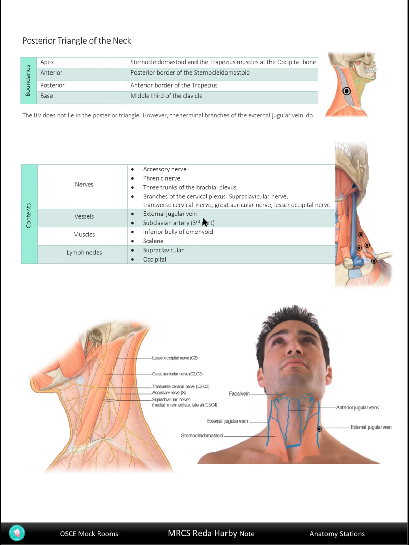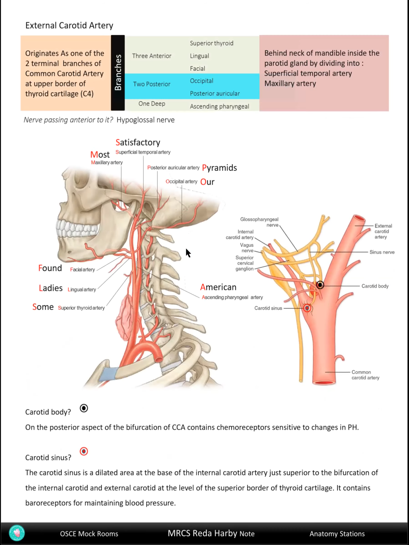Vessels: external jugular vein and subclavian artery, 3rd part. Muscles: inferior belly of omohyoid and scalene muscles. Lymph nodes, we said supraclavicular and occipital. Carotid body and the rest of the stuff.